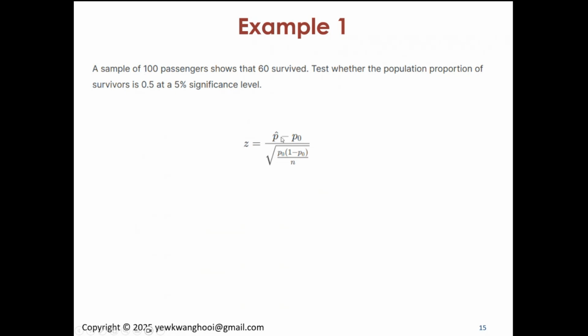So by doing this, you will get the calculated Z. We compare this calculated Z with the critical Z later. Now, how do we get the critical Z? You refer to the table in order to get the critical Z. Then you compare your calculated Z with the critical Z. If your calculated Z is bigger than the critical Z, reject the hypothesis.